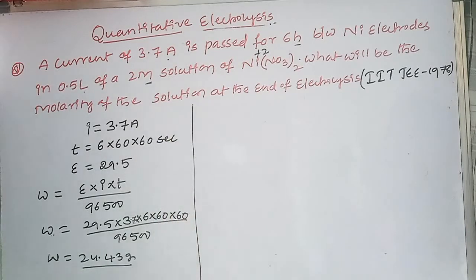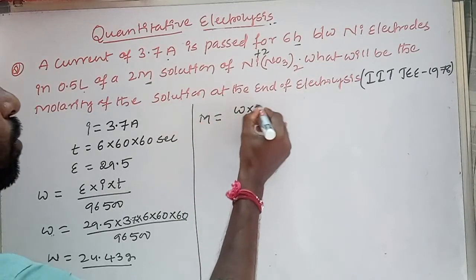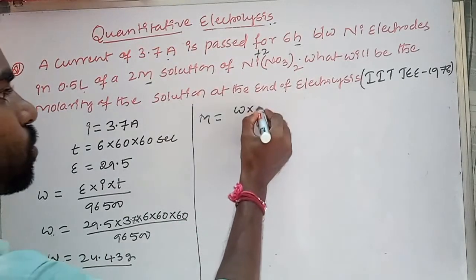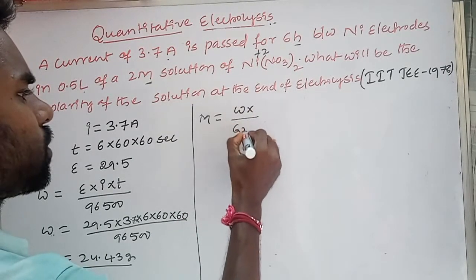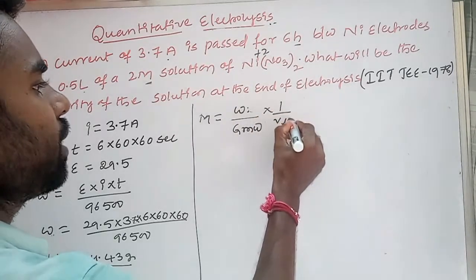So with the help of this weight, now I am going to calculate molarity. Molarity equals weight into 1 by gram molecular weight into volume in liters. They have given the volume in liters.